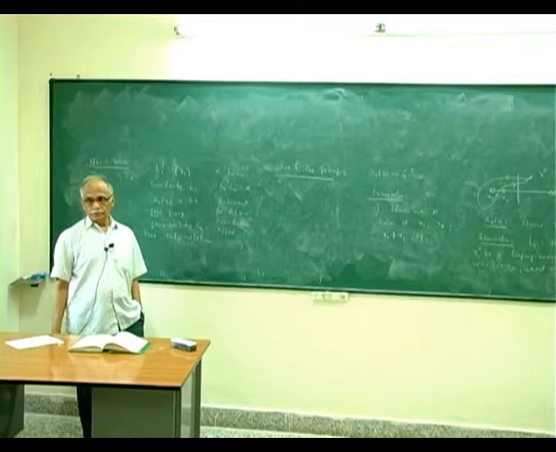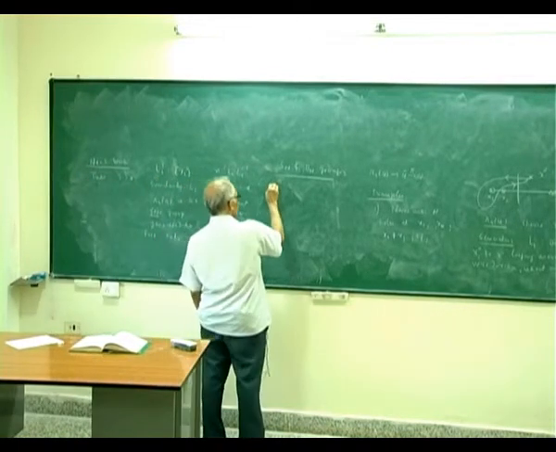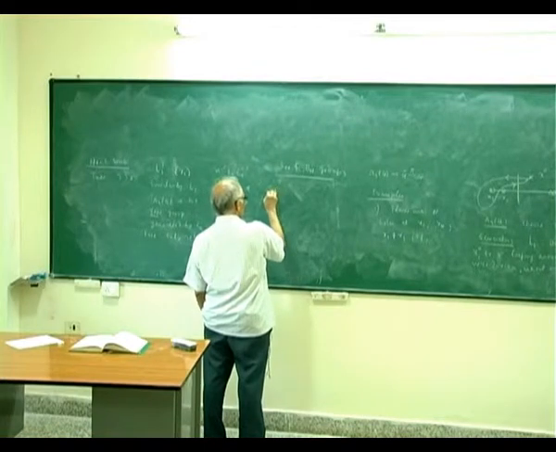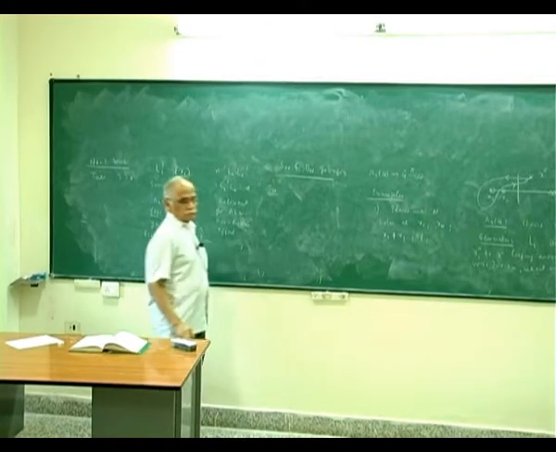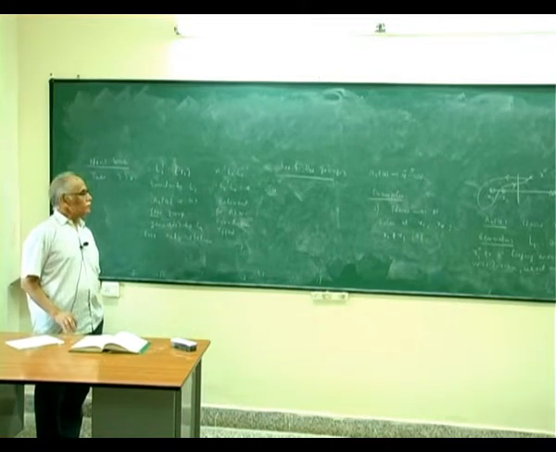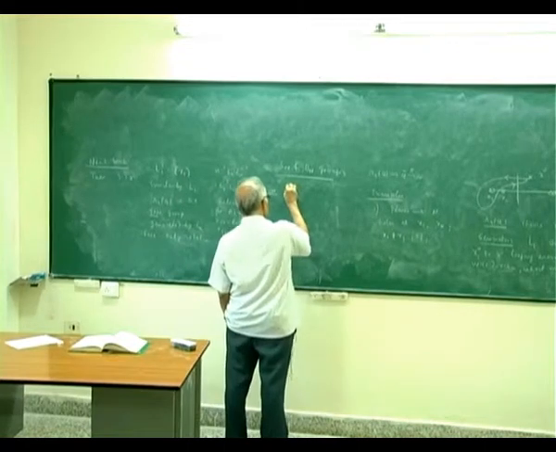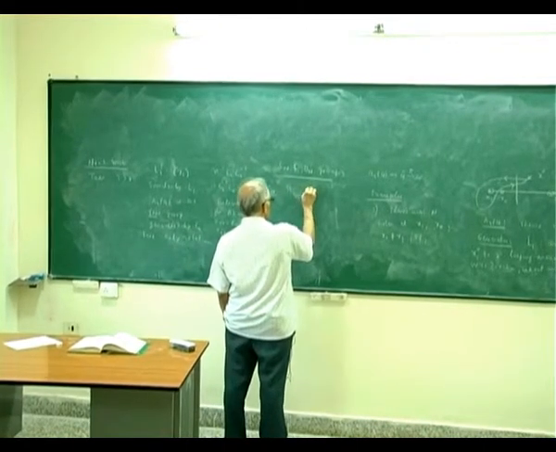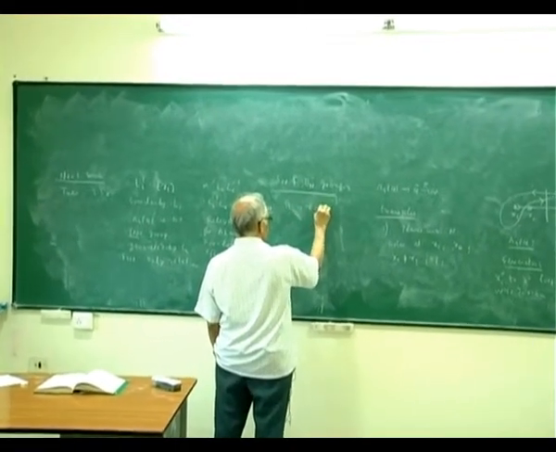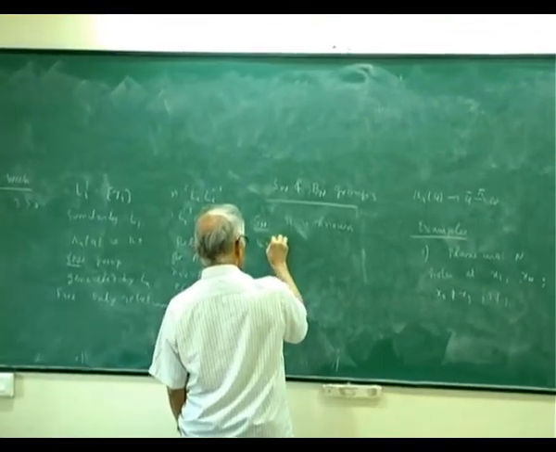Sn means the permutation group on n objects. So let me look at Sn. First, let me show you something. It is known that, but how it comes as a statistics group, I will show you.